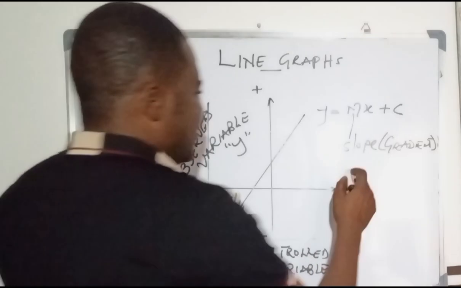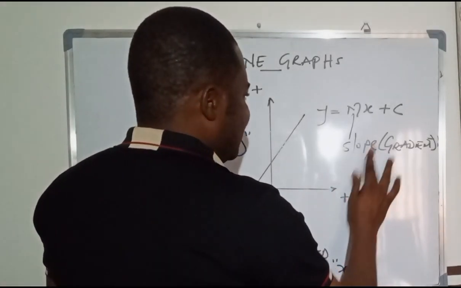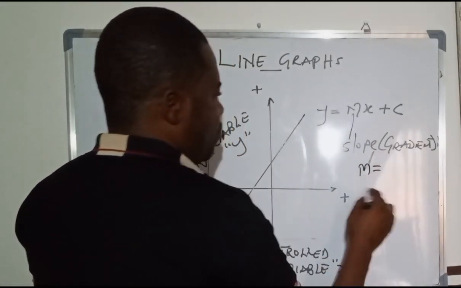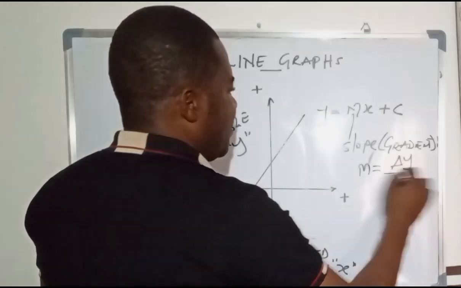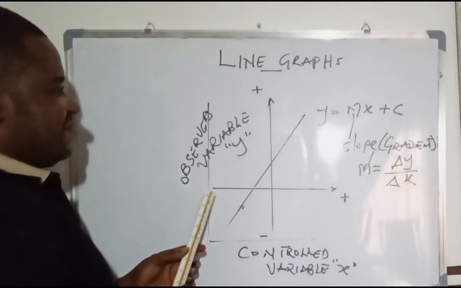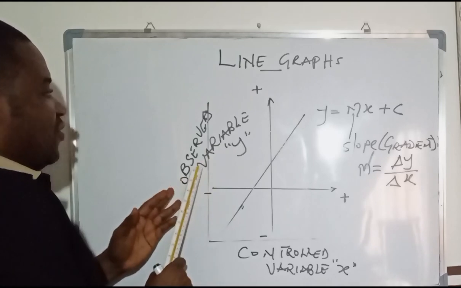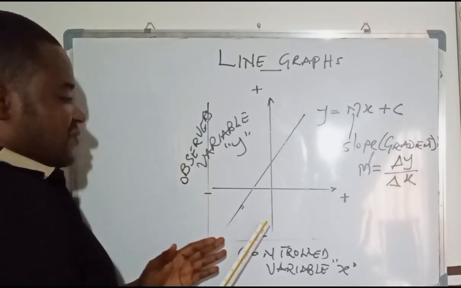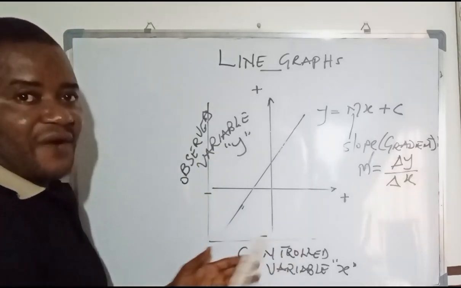It is defined as m equals change in y over change in x, which means the difference in the observed variable over the difference in the control variable.